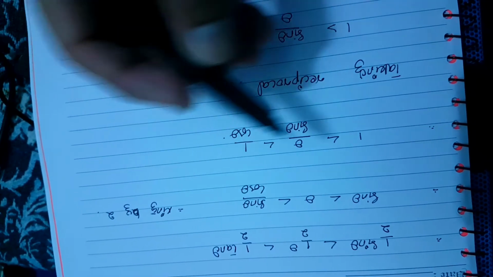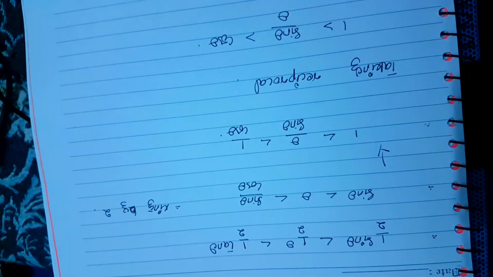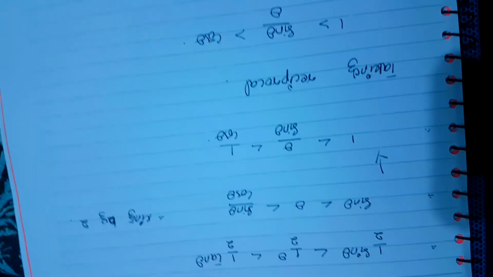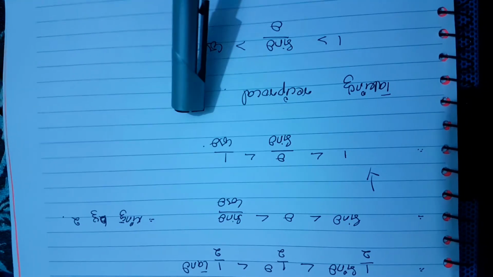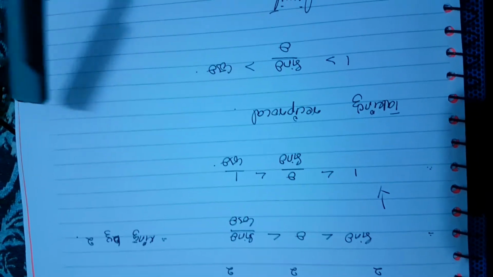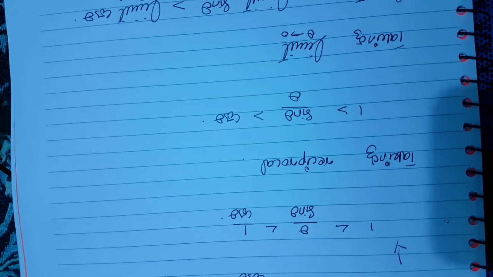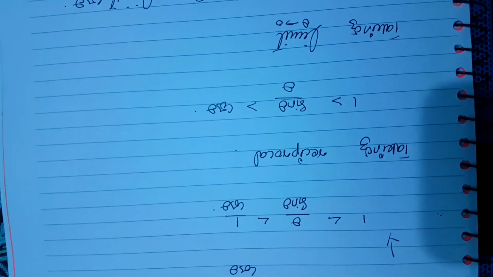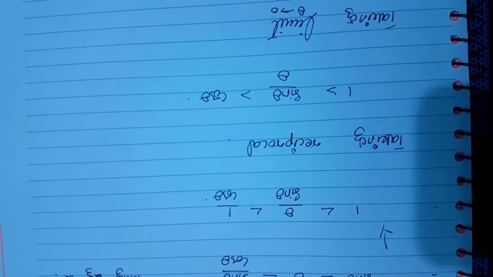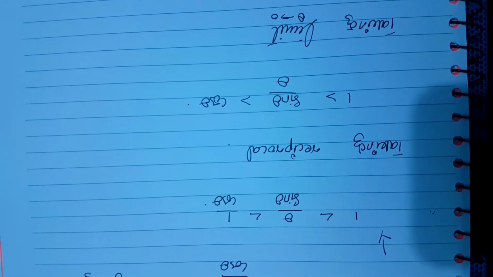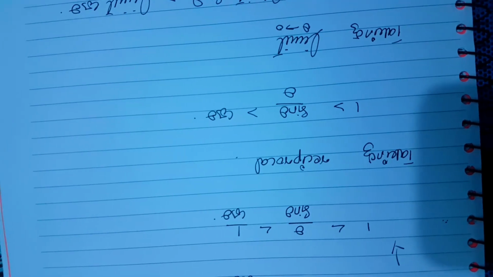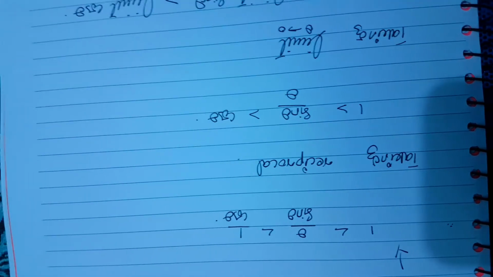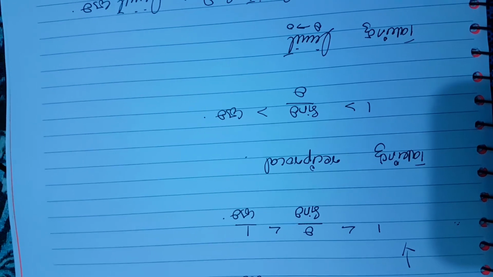In the next step I divide throughout by sine theta. So we get 1 is less than theta by sine theta, which is less than 1 over cos theta. The next step is taking reciprocals, because our sandwich theorem involves sine theta by theta. Note that when we take reciprocals of inequalities, the sign of the inequality changes.